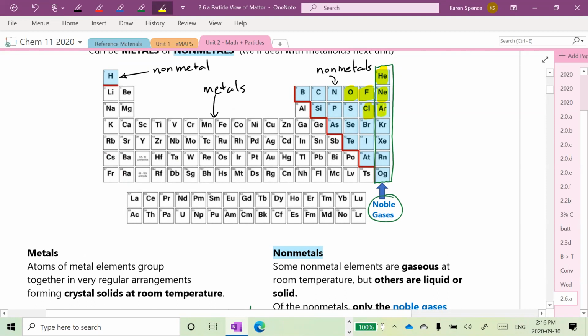Our noble gases are gases. Nitrogen is a gas, but not all nonmetals are gases. Bromine is a liquid, and all the rest of them are solids at room temperature.